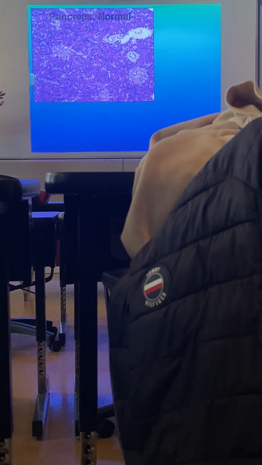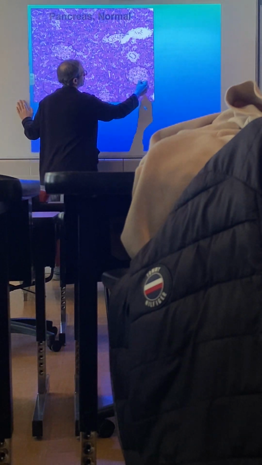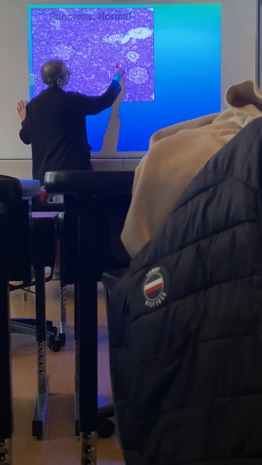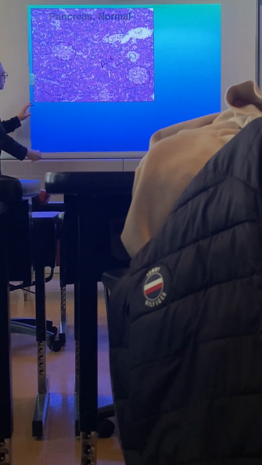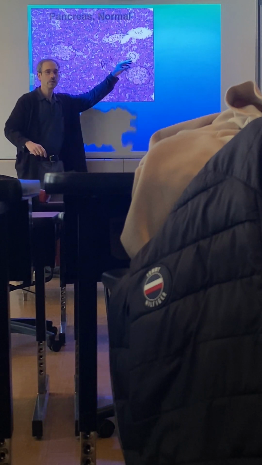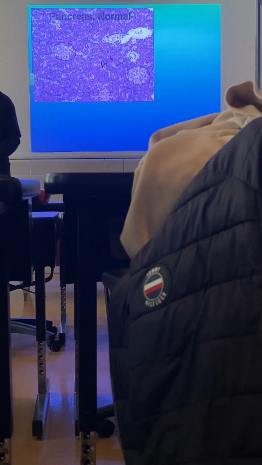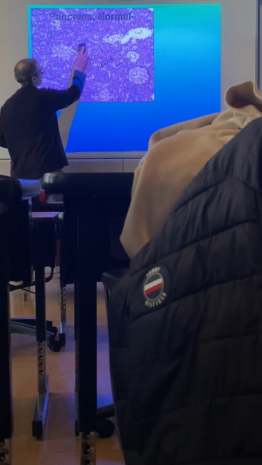You can also see the endocrine component. These are the islet cells here. You can also see a few ducts over here. Those are going to conduct the acinar cell secretions eventually into the main pancreatic duct, and the main pancreatic duct will dump it right into the duodenal sweep. Those enzymes should be inactive as long as they're in the pancreas. They should only be activated within the duodenal sweep.